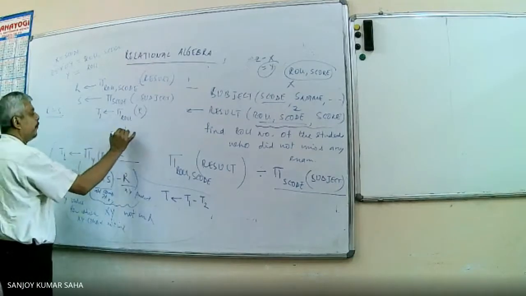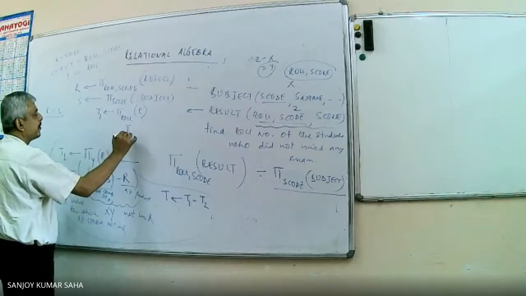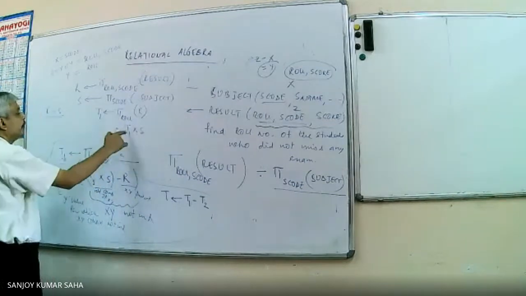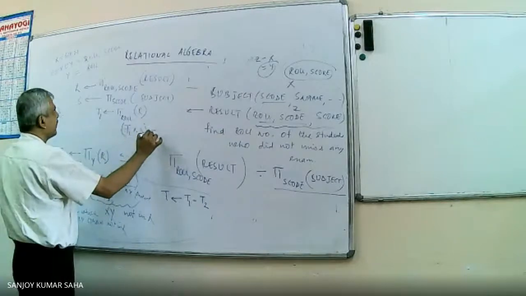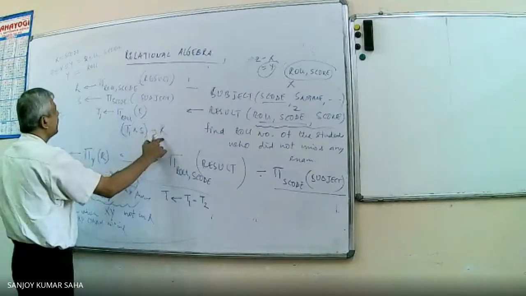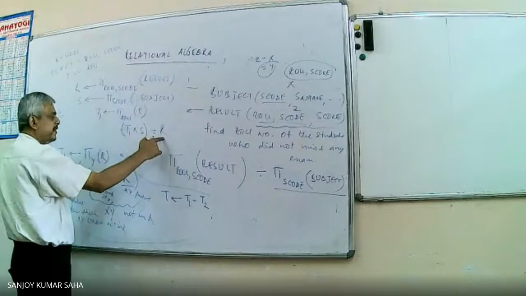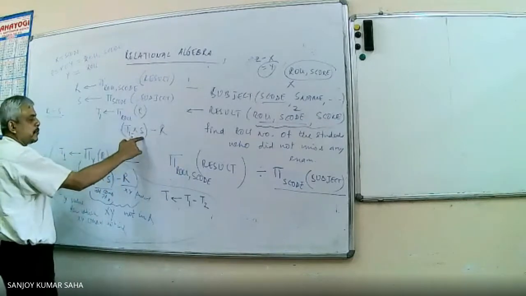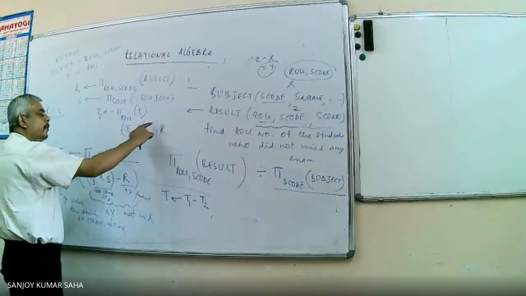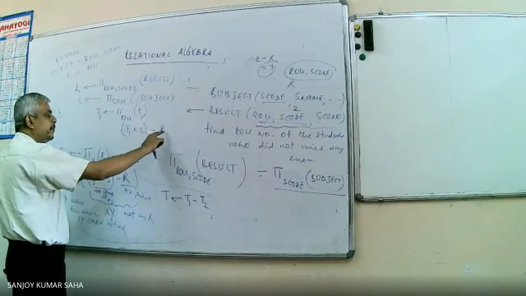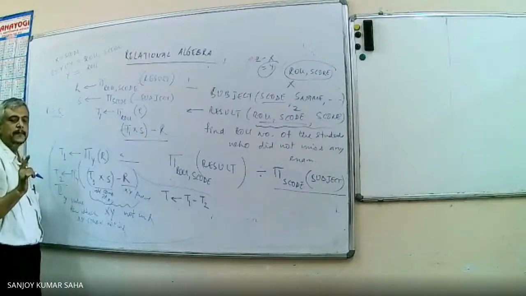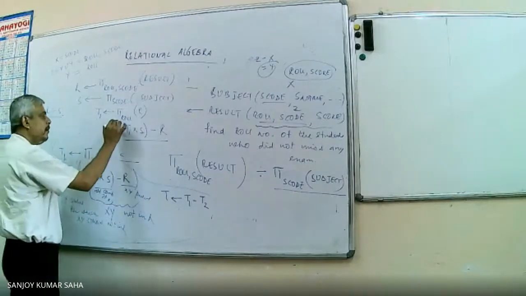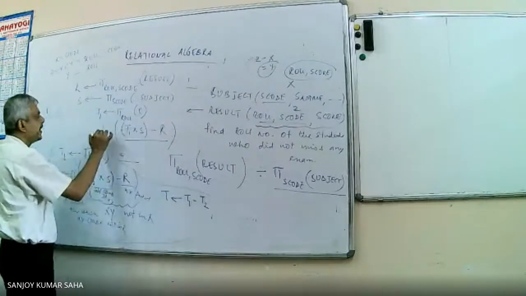Then if we go for T1 cross S, all possible roll, subject code combinations we are getting. From here we are subtracting R. This is giving me the roll, S code combinations which are present. This is all possible roll, subject code combinations. So among those, I am removing those which are present. That means this expression gives which roll, subject combinations are not present. From such combinations, I am taking the roll numbers.